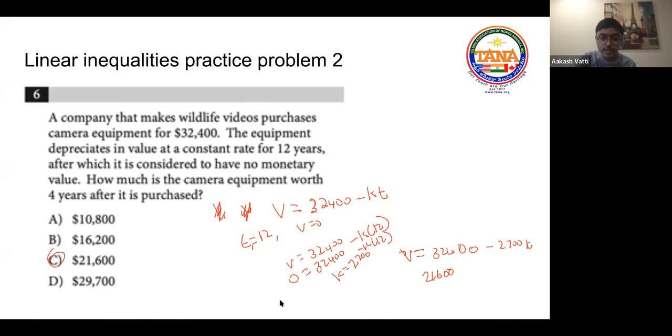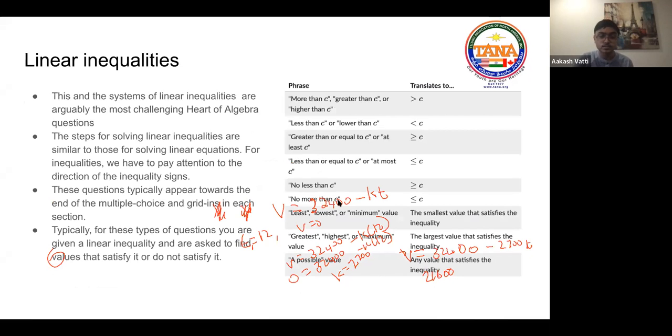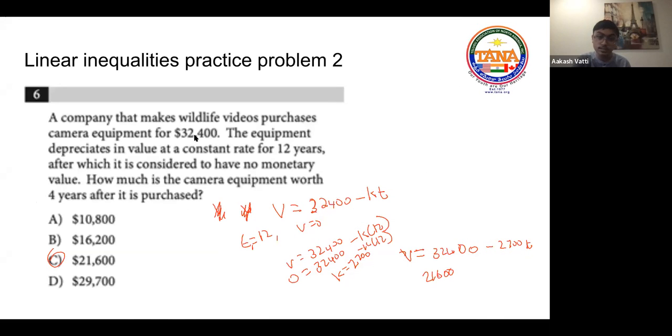Okay, so to the person who was asking how did I get the equation? You're given that it starts out at $32,400, and you know that it's decreasing at a constant rate. So the minus kt comes into play because it's decreasing at a constant rate, and you have your original value.